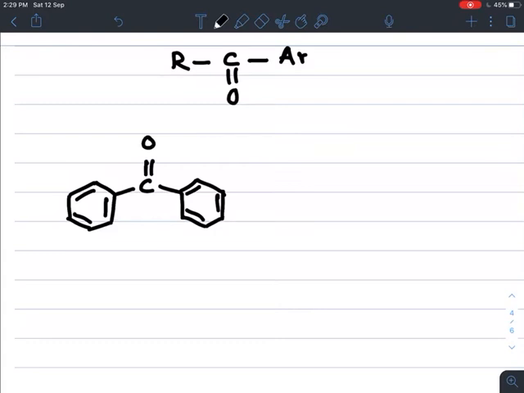The name of this compound is benzophenone.